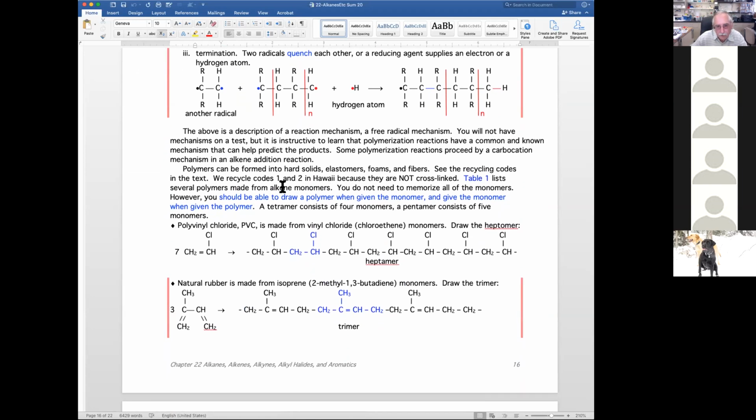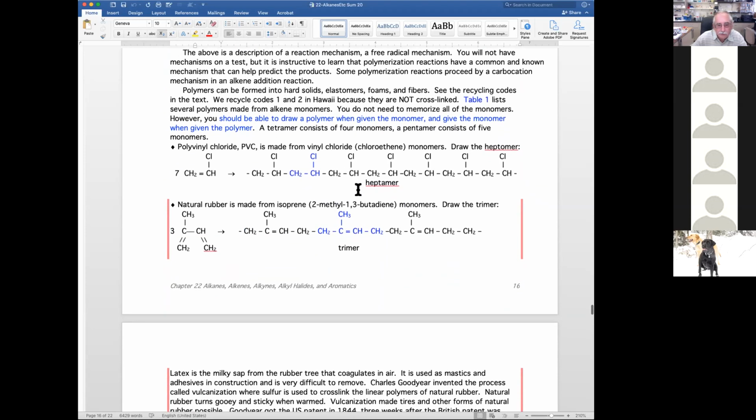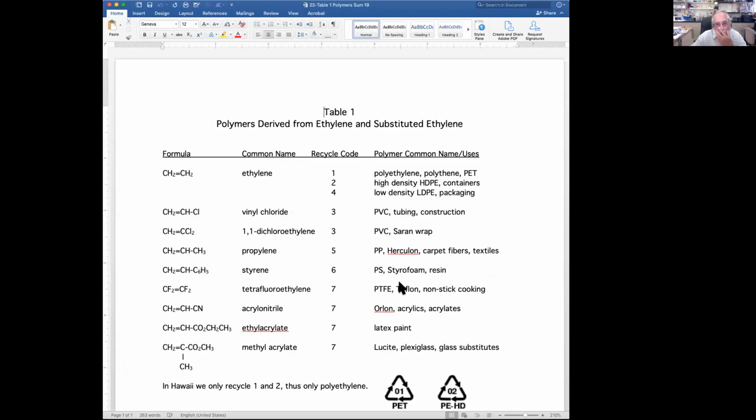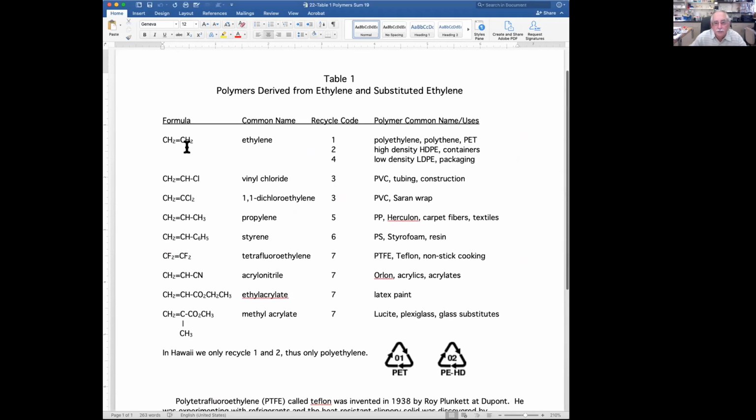So polymers can be formed into hard solids, elastomers, foams, fibers. Some of the recycling codes. So here's ethylene, the monomer.